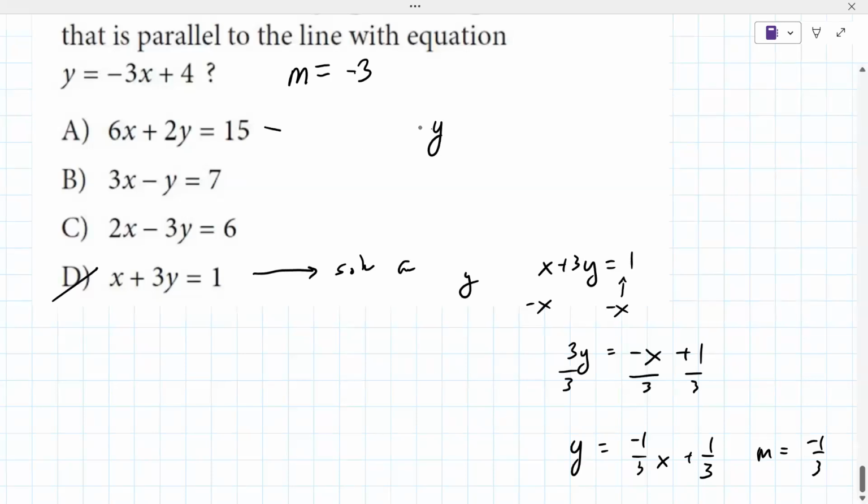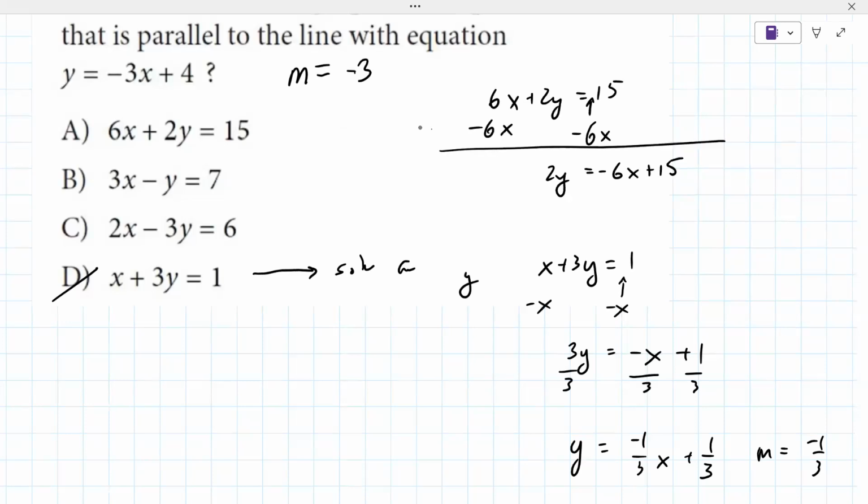So for A, let's look at A here. We have 6x plus 2y equals 15. You first subtract the 6x from both sides of the equation, and then you really want to put that in front. So it's 2y equals minus 6x plus 15. Do you have something like that written down?